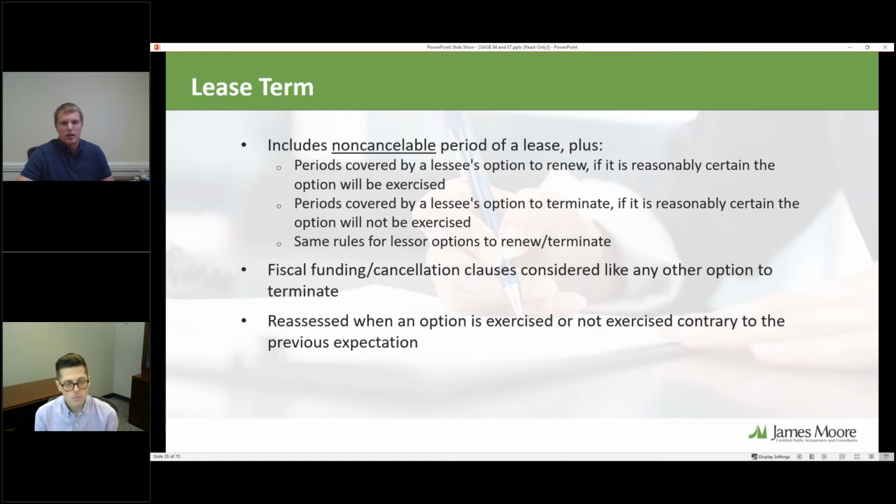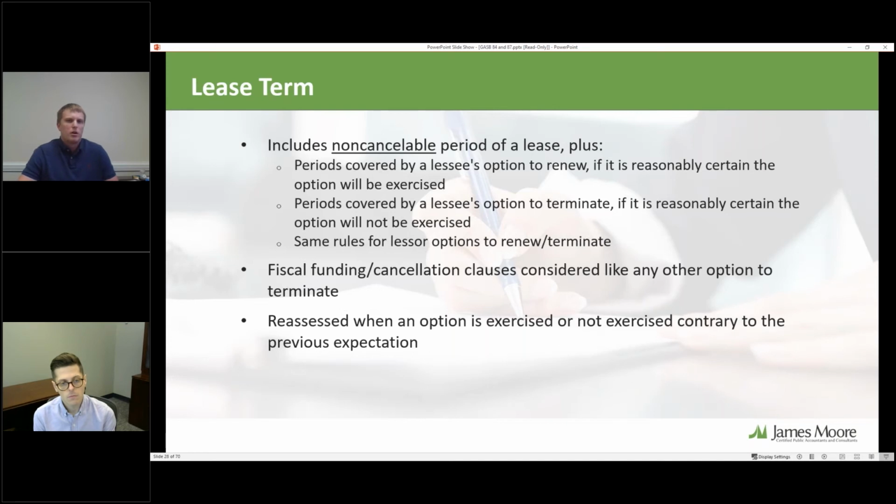So we have that single party option to either renew or to terminate, as long as it's reasonably certain that the option will or won't be exercised. Any fiscal funding cancellation clauses are going to be considered like other options to terminate.